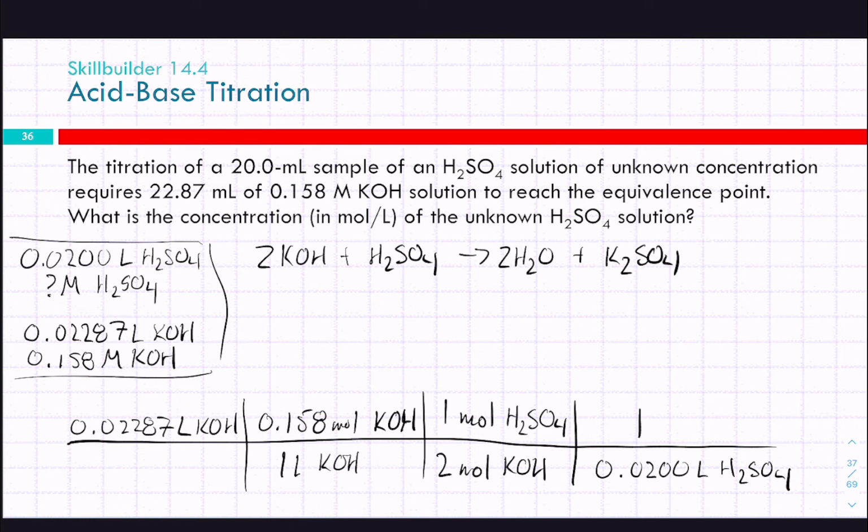So we want it to be moles divided by liters. So we'll do 0.02287 times 0.158 divided by 2 divided by 0.02 gives us, and I never leave enough room, 0.090 molar H2SO4.